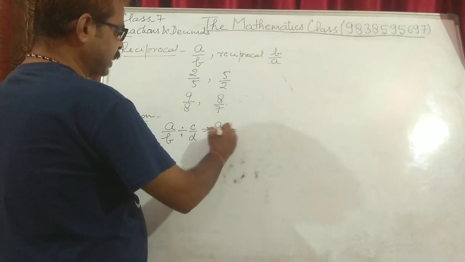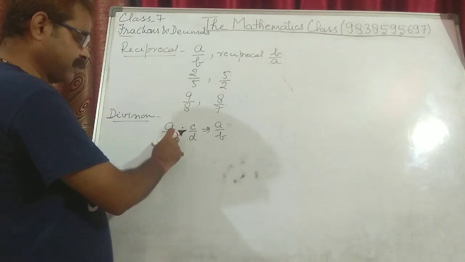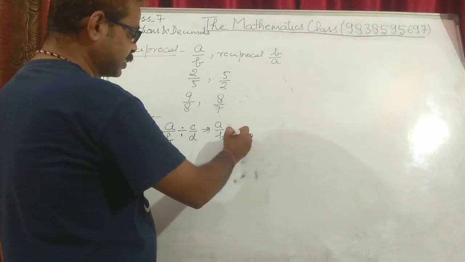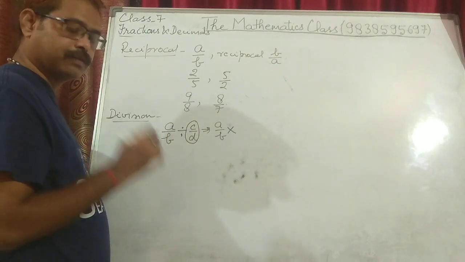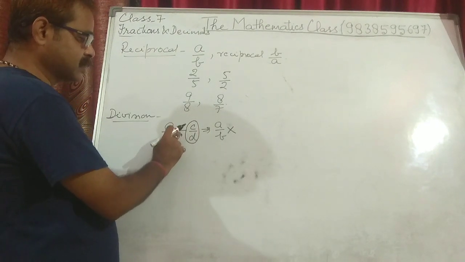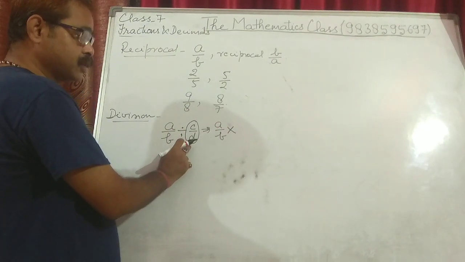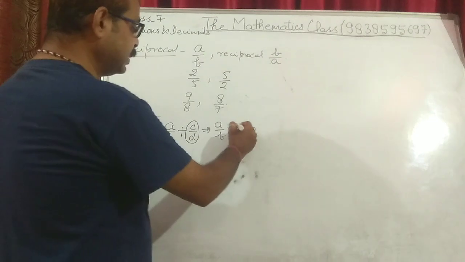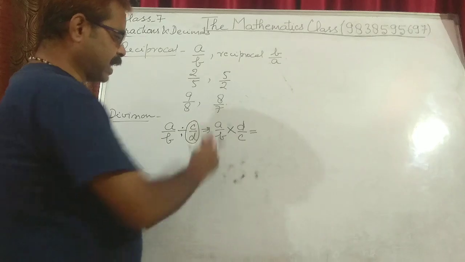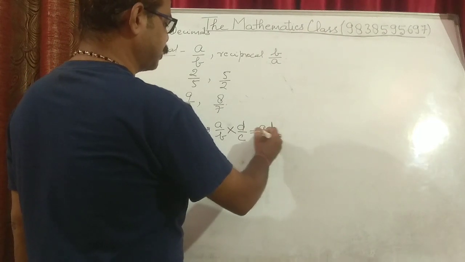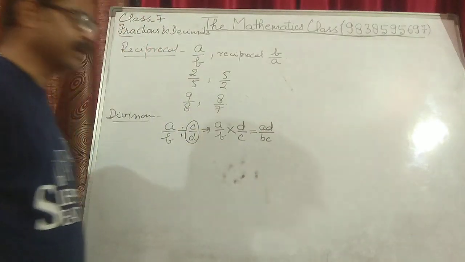A upon b will remain as it is, but the fraction before which there is a division sign, the division sign changes to multiplication sign and we write the reciprocal of the next fraction. Means in place of c upon d we will write d upon c and we multiply. When we multiply, the numerators are multiplied, so numerator a into d is ad, denominator b into c is bc. That is the final value.